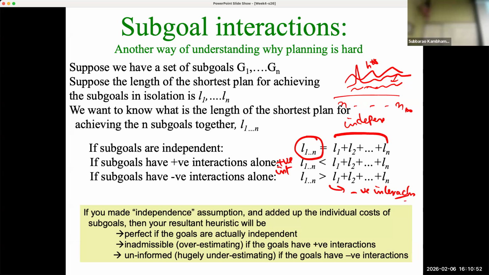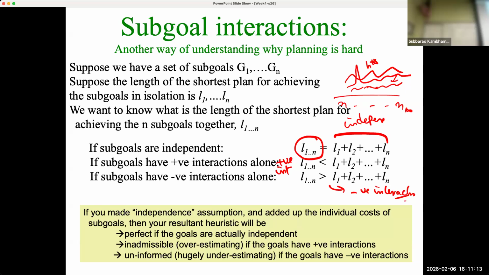So in the purest positive interaction case, the length of the plan for achieving all goals will be the max of the length of plans for achieving any of the goals. Lovely. That's called the max heuristic, quote unquote.